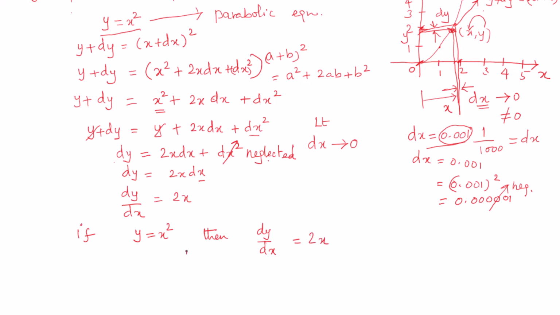Under what condition? Limit dx tends to 0. So this is called the derivative of the function, dy by dx equal to 2x. The function is y equal to x square. So if the function is x square, then the derivative of the function will be equal to 2x. Under what condition? dx tends to 0. This is called the limit.